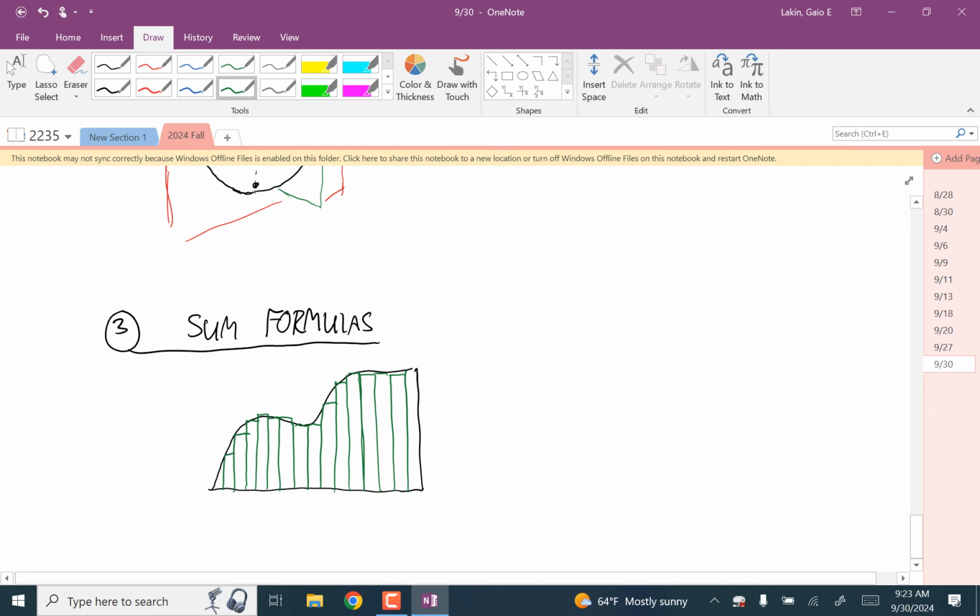Okay, and then obviously the smaller you made those rectangles, the more accurate the thing would be.